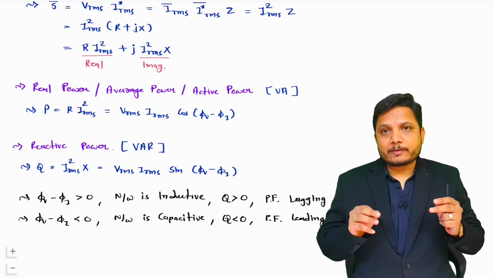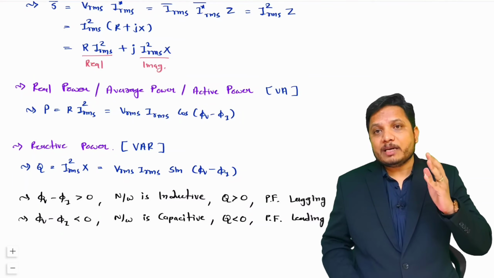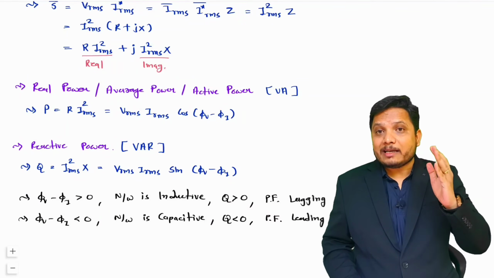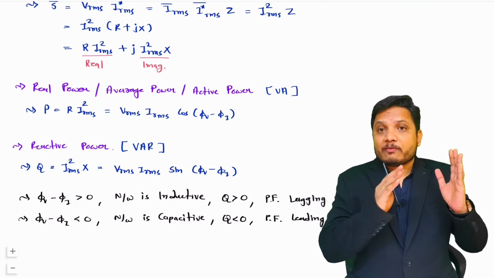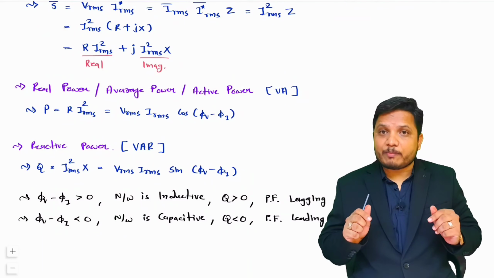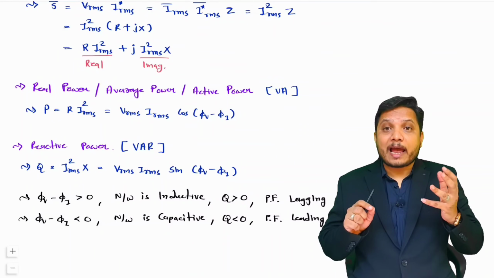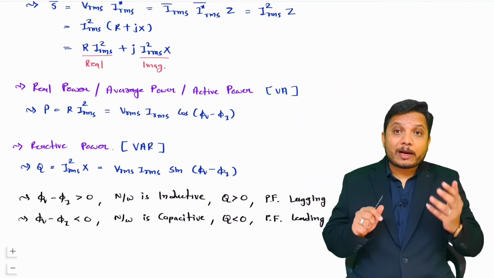So my dear students, the essential key points of this lecture are based on complex power, that is the summation of the real part of power plus j into the imaginary part of power, where the real part of power is average power or active power. How to identify that?